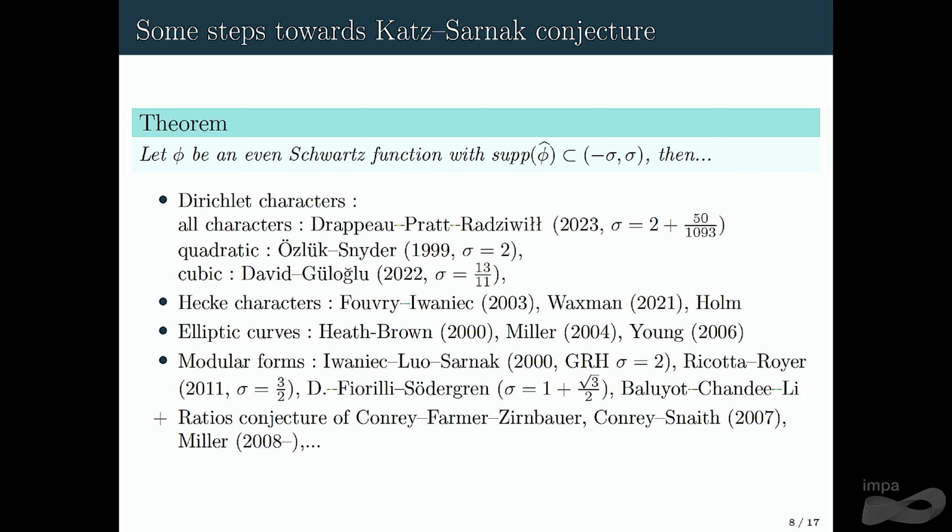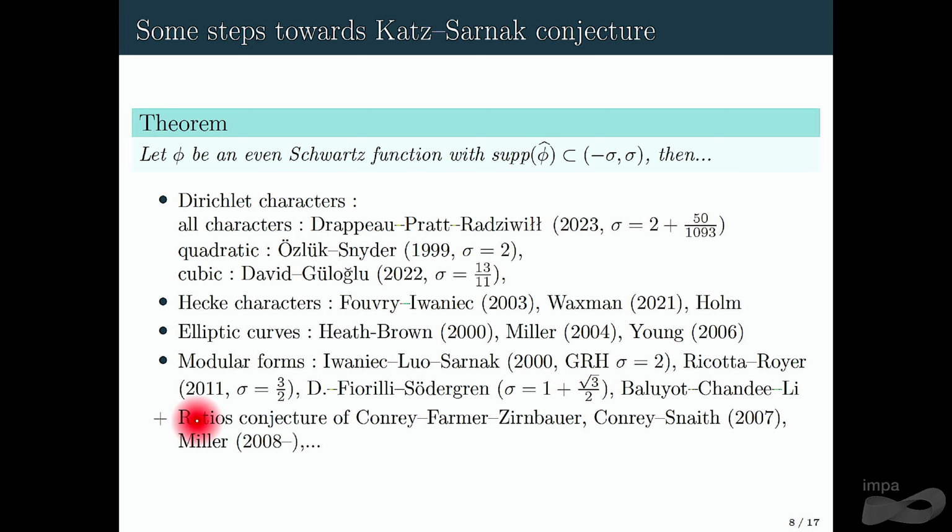Yeah, so I'm listing the kind of L-functions that are related to the question of my talk today. Dirichlet characters, Hecke characters, elliptic curves, modular form L-functions. And all of these results are assuming, or not, the Riemann hypothesis, or say standard conjectures.